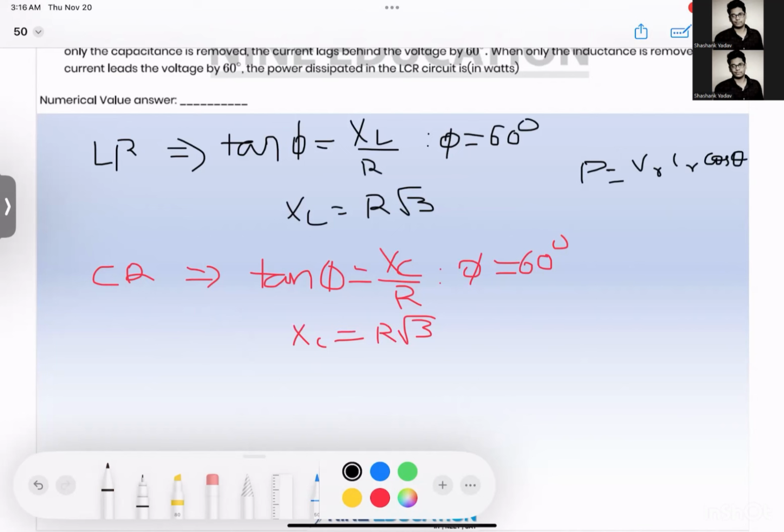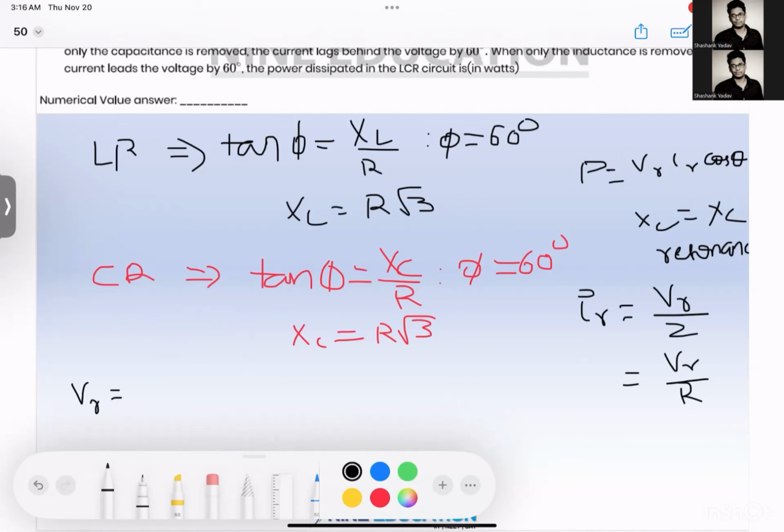Now, we can say that here XL is equal to XC. That means it is in resonance. In resonance, you can say IRMS is simply VRMS by Z. In resonance, Z is nothing but simply R. Here, VRMS value is already given, which is nothing but 200 volts. From that, we can write IRMS is equal to 200 by the given resistance of 100 ohms, that is 2 ampere.